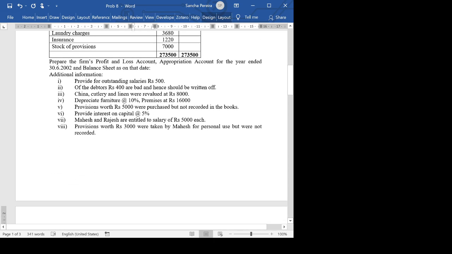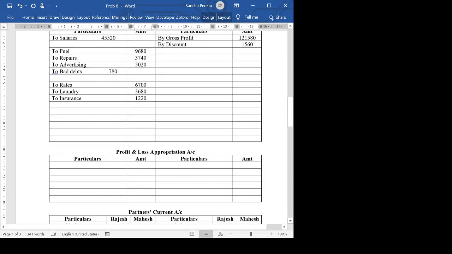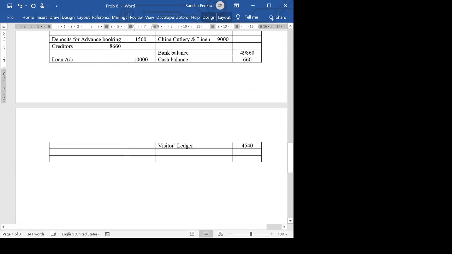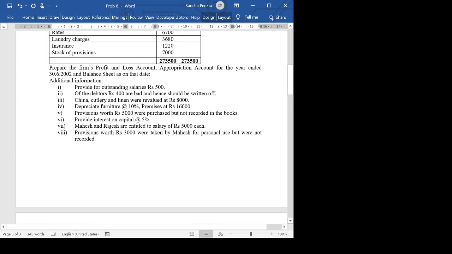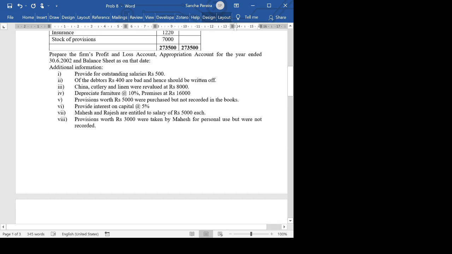Our stock of provisions also is left here, 7,000. This is the closing stock which will go in the balance sheet. Stock of provisions, 7,000. So we start with the adjustments.